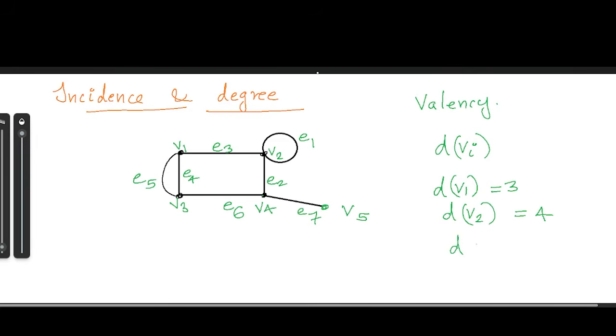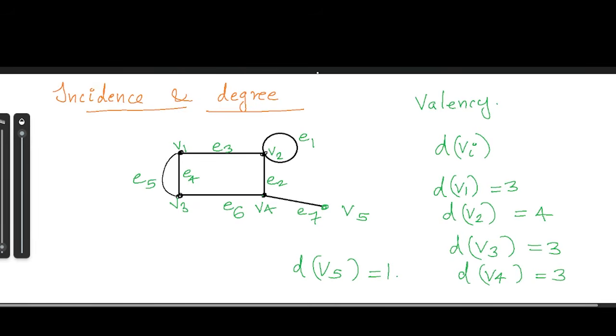Degree of V3 is 3. Degree of V4 is 3. And degree of V5 is 1. Okay. So this is the method of finding the degree of each vertex.